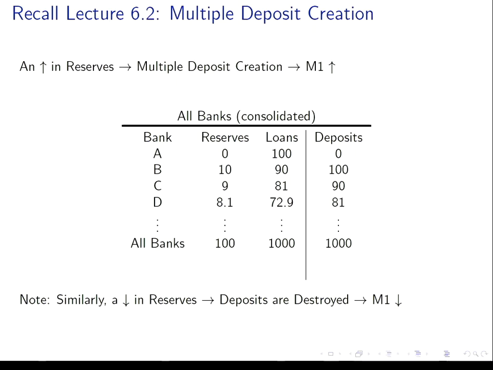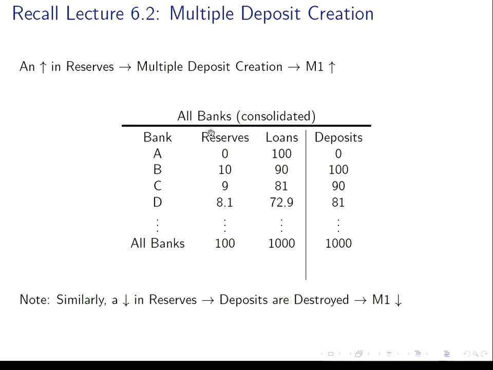What this table is showing you is that the central bank conducted an open market purchase of $100 of treasury bills, say for example. That increased reserves in Bank A initially. Bank A made loans of that excess reserves.